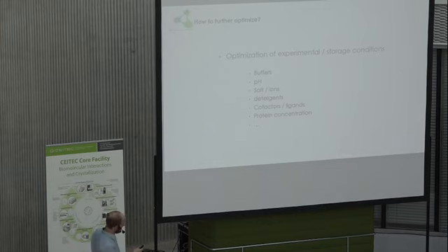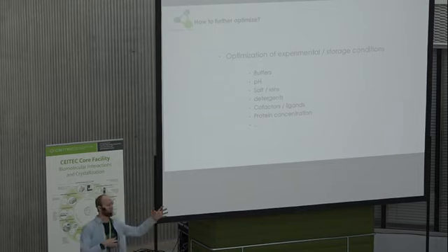So first of all, you want to try different buffers. David, I guess, will show that later on in his lecture, but the buffering substances themselves do make a big difference. Also, you can change pH, you can change different salts, ions, you can use detergents, cofactors, ligands to your protein, you can choose different concentrations.